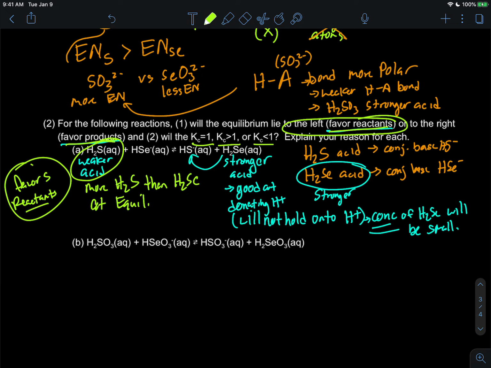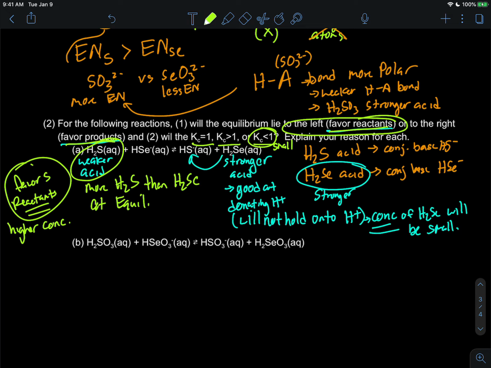If we have something that favors our reactants, meaning they have a higher concentration at equilibrium, we would say, okay, well, that means if our Kc value is products over reactants, that would mean we're going to have a Kc less than 1, or a small Kc. It's also another way we could say it, small Kc value, because we have a lot of reactants at equilibrium, a very small amount of products at equilibrium.